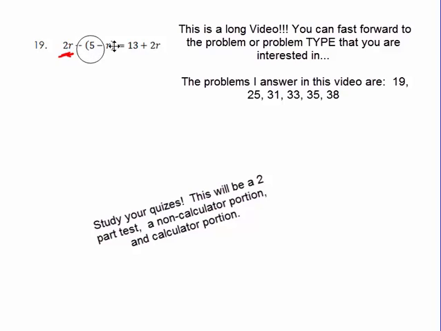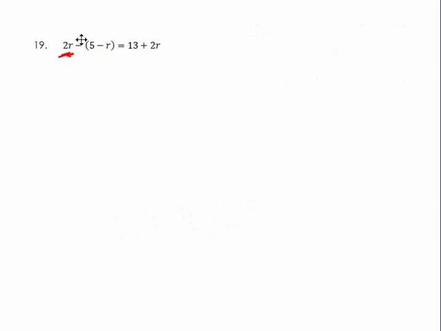So remember, anytime it's a negative binomial or minus a binomial, we want to distribute the negative 1. So negative 1 times 5 is negative 5, and negative 1 times negative r is positive r.